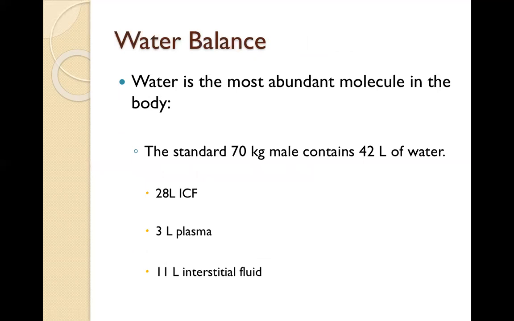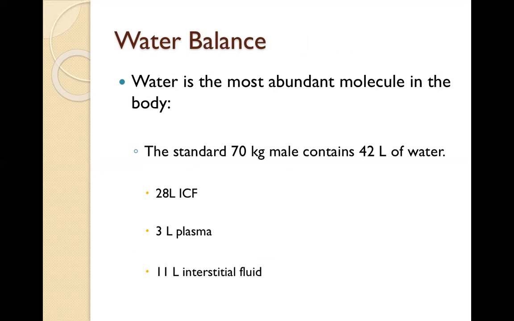So when we talk about water balance in the body, water is the most abundant molecule in our body. The standard 70 kilogram male has about 42 liters of water. About 28 liters of that is in the intracellular fluid compartment.